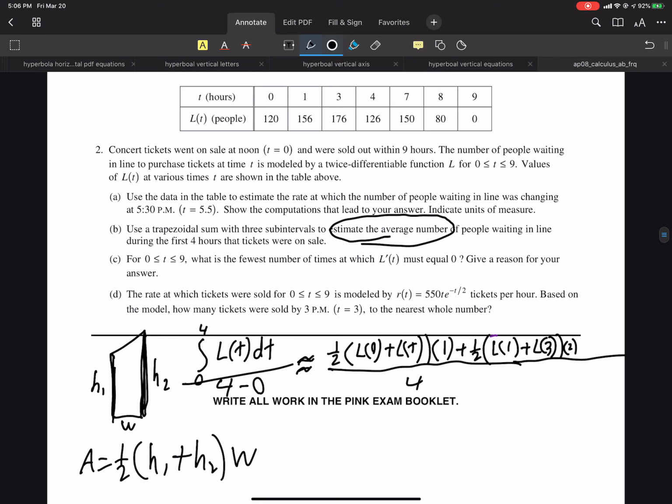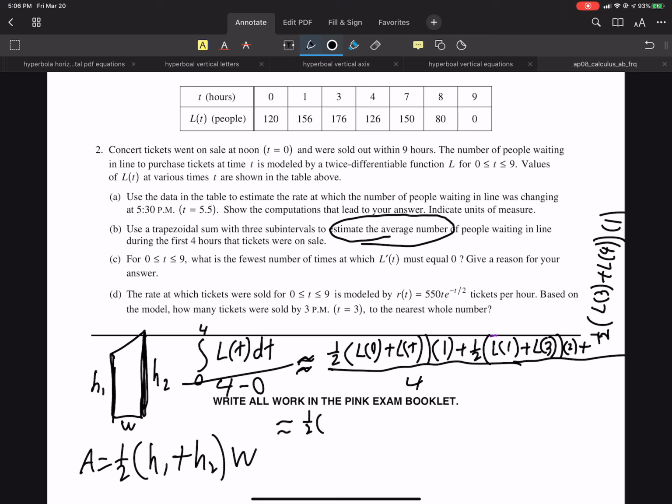I'm running out of room, so I'm turning this sideways. Plus 1/2, and it's going to be L3 and L4. L3 is the first height, L4 is the second height. And the width between those two is only 1.